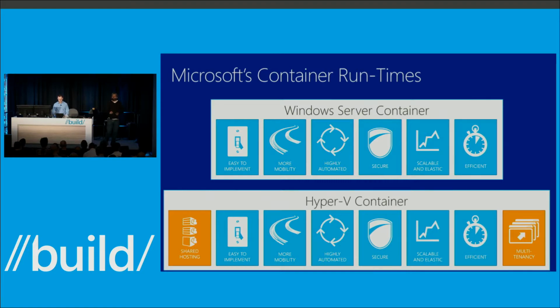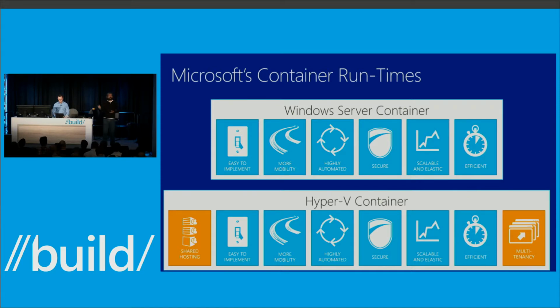What I've just described is that nothing changed in terms of your experience. Nothing changed in terms of the image that I had created. Nothing changed in my development lifecycle of how I create container images.